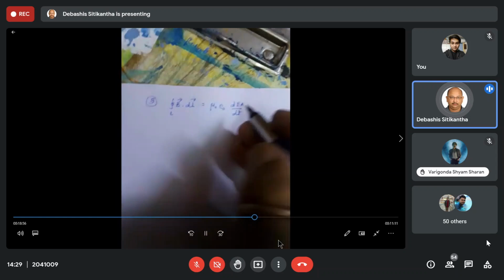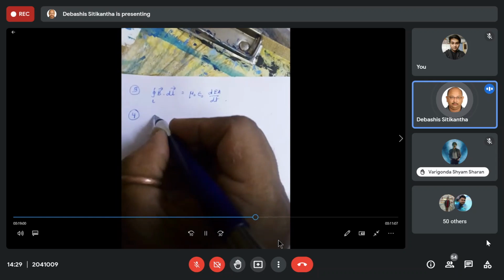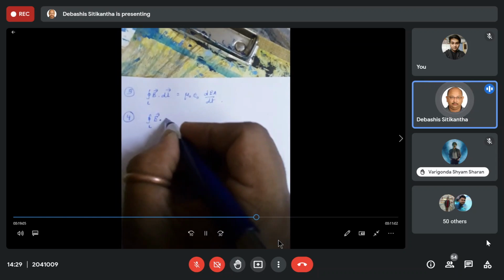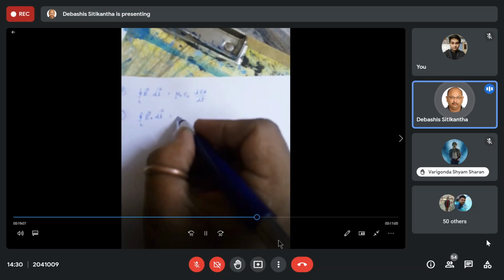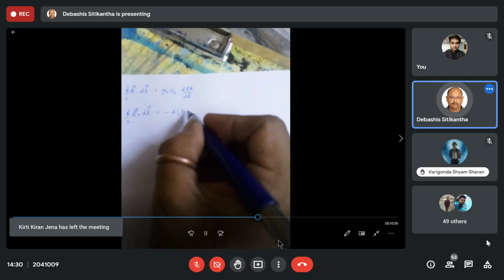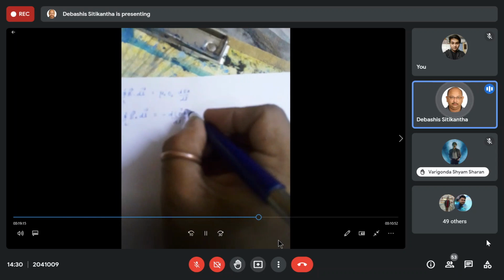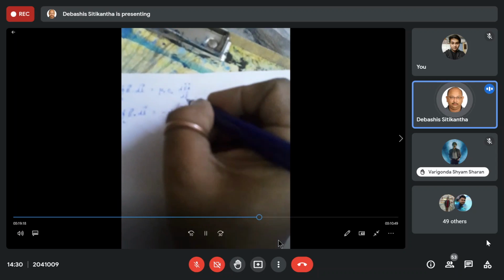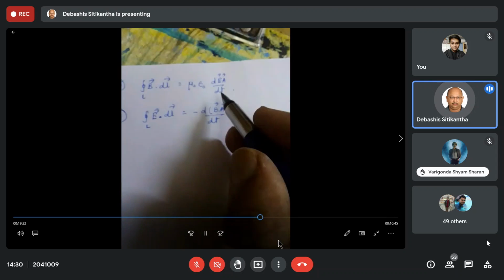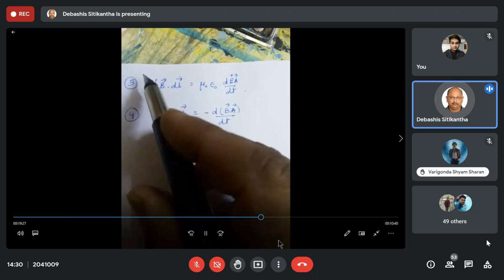The next equation, Faraday's law, says the closed line integral of E vector dot dl vector is equal to minus d phi B, that is BA, by dt. B is a vector, A is a vector, E is a vector. Now just have a closer look at this.